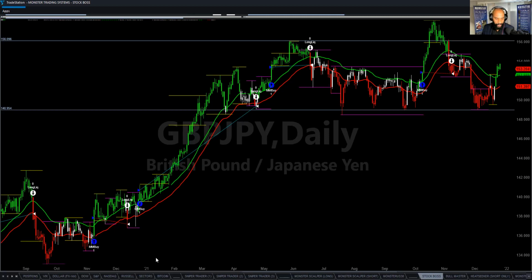The volatility in the yen pairs is just great. And as Forex traders, or just traders in general, we really want to see what these pairs are doing and try to capitalize.